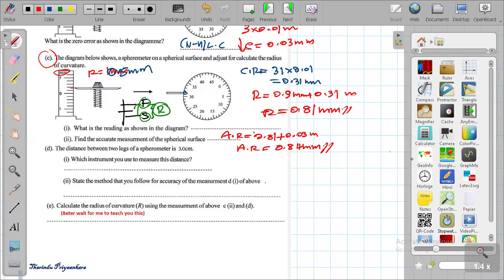Term test papers are like this. There are many errors. Because for the 50 divisions, you can't have 1 millimeter main scale. It should come up with 0.5 main scale.